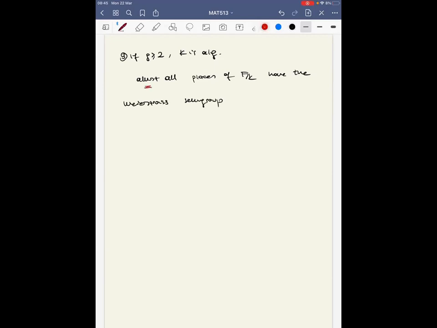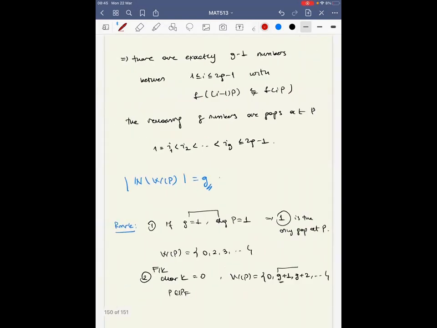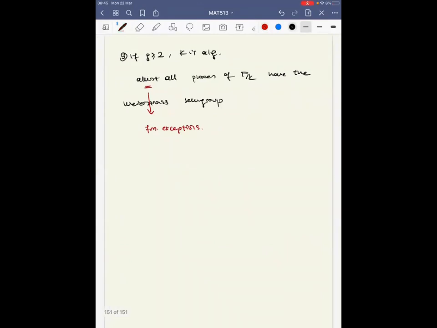But here the word almost makes us skeptical, because it has also been observed that there are some exceptions, but finitely many exceptions. So there can be finitely many rational points which don't give the same Weierstrass semigroup. And such points, or such places, are called Weierstrass points.